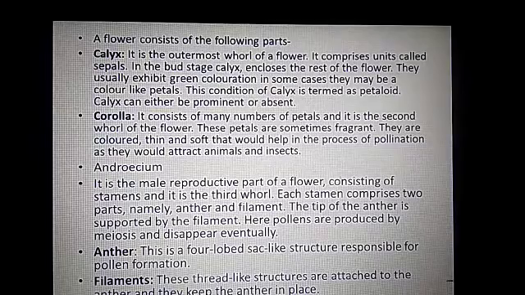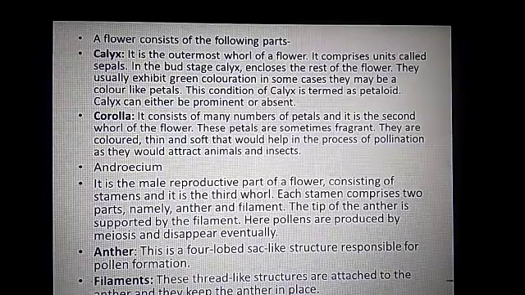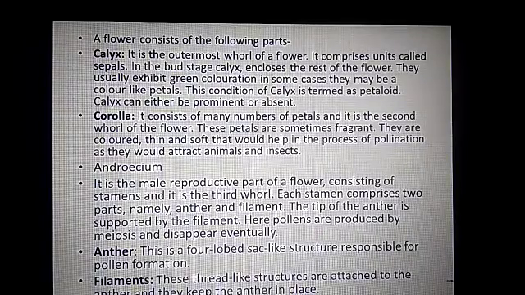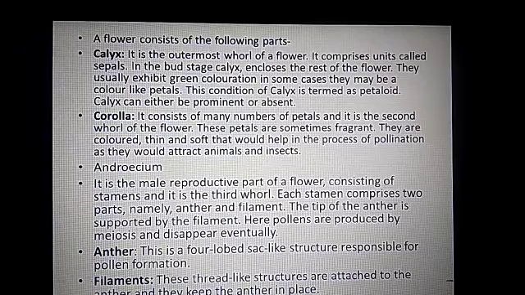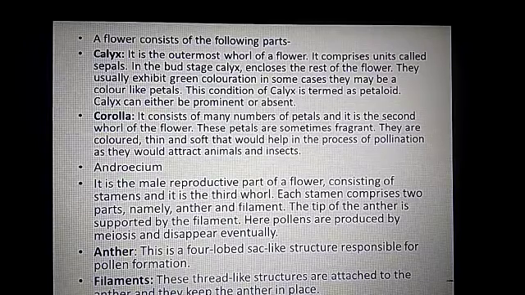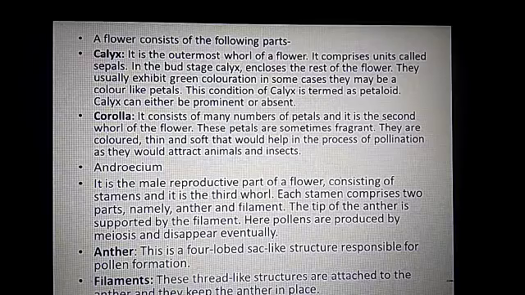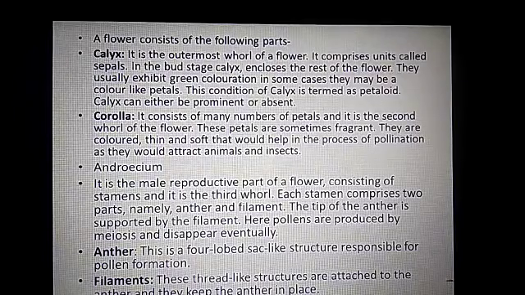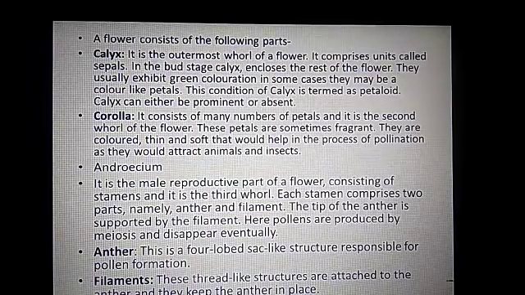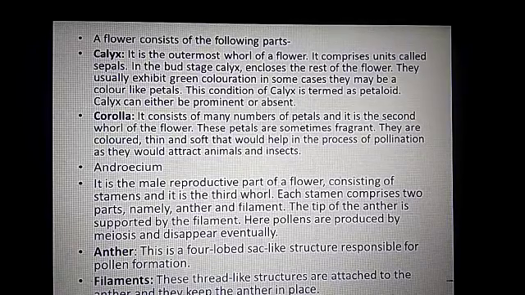Next is androecium. Androecium is the male reproductive part of the flower, consisting of stamens. Stamens are delicate thread-like structures. It is the third whorl.